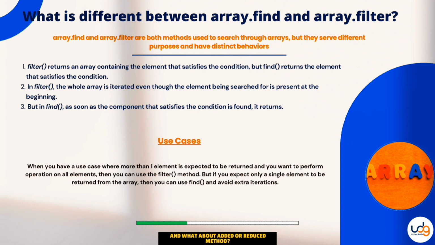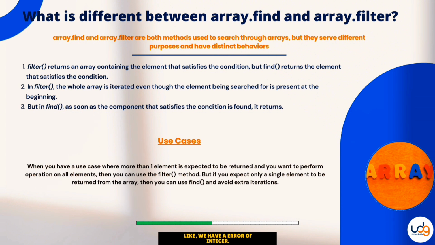And what about the array.reduce method? What are the benefits of it? We have an array of anything: numbers, objects, or whatever. When we want a single value, I'll give you an example.